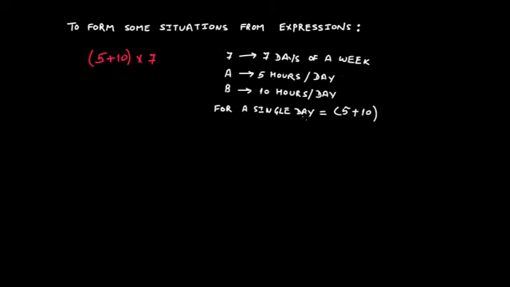For one day, it is 5 plus 10. And for 7 days, it would be 7 multiplied by 5 plus 10.